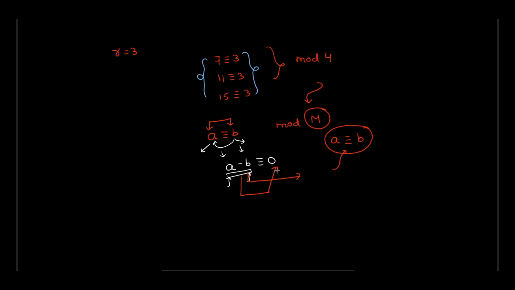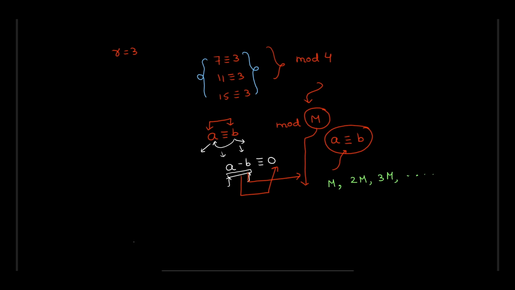But what is actually 0? In this world, which numbers produce a remainder 0 when divided by M? That would simply be multiples of M, right? Only M, 2M, 3M, etc.